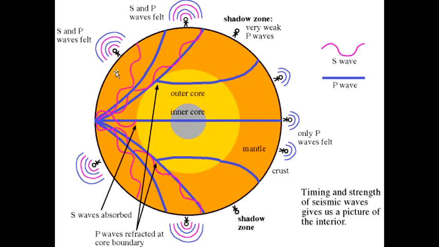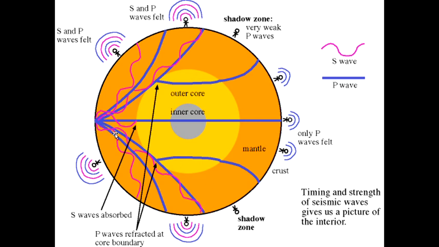Here's another view. Here we have stick figures representing people, men and women manning seismographs around the globe. And here an earthquake has occurred on the equator, on this side of the Earth, and different waves, P waves, S waves, you don't have to worry about them for this class, are sending out through the Earth.